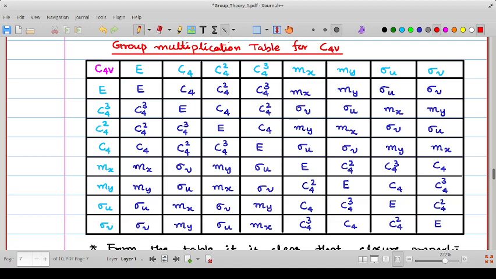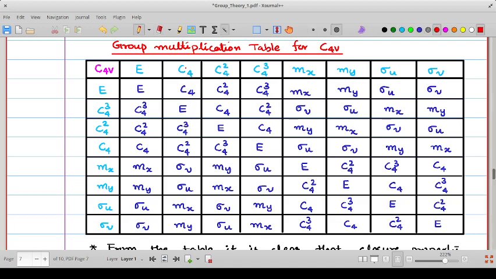For that, the requirement is that if it is the nth column, then the nth row header is such that the product of that row header with the nth column header will be the identity element.